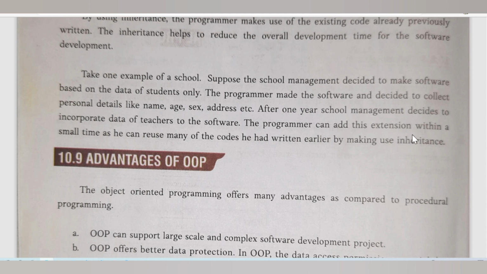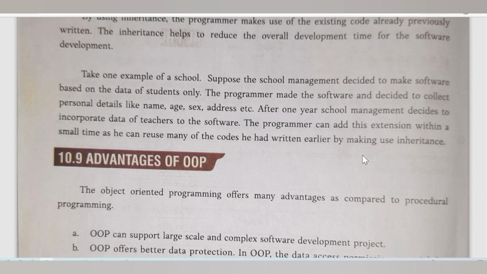The programmer can make this extension within a small time, as he can reuse many codes he had written earlier by using inheritance. I think you have understood. Suppose a user makes software which collects only students' information, but after 1 year the school decides the software should also collect the teachers' information.